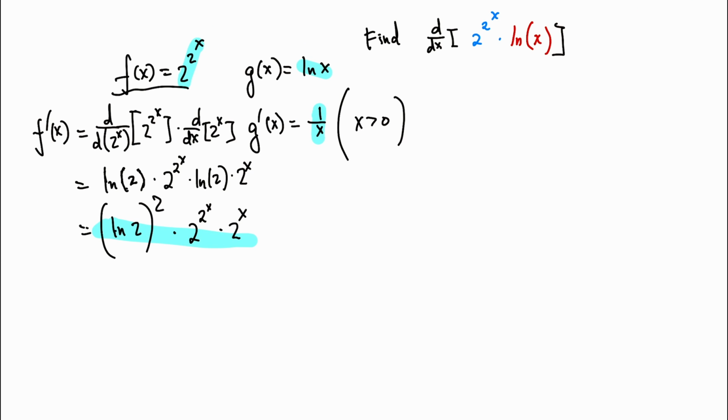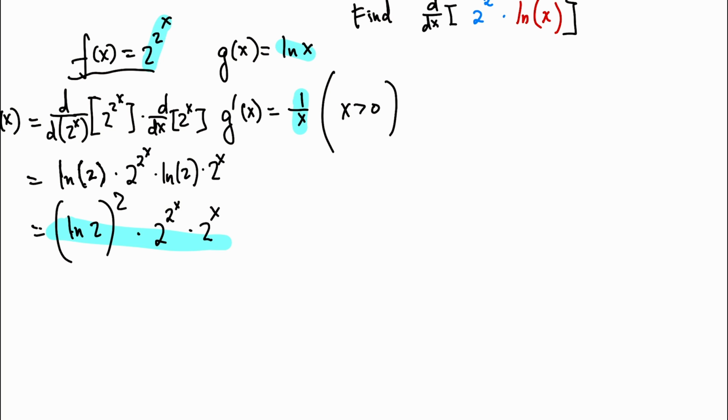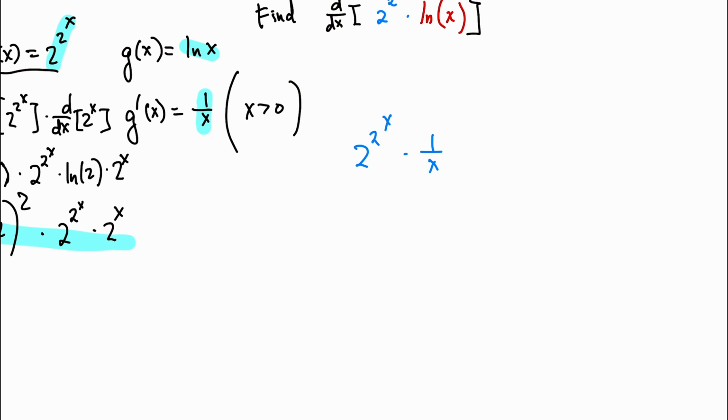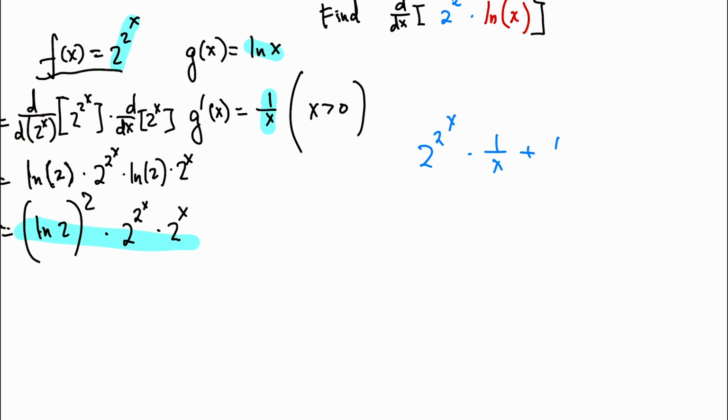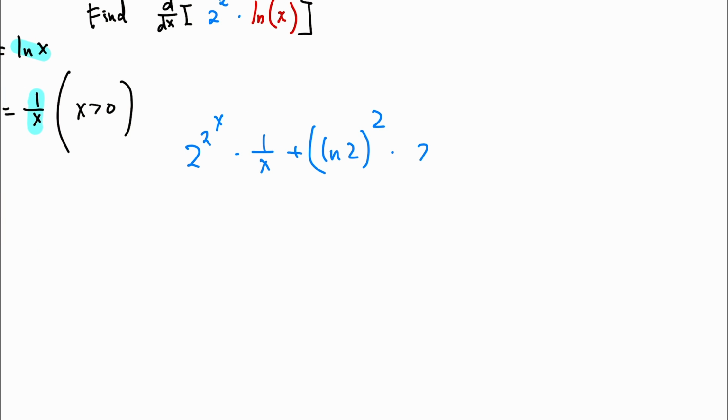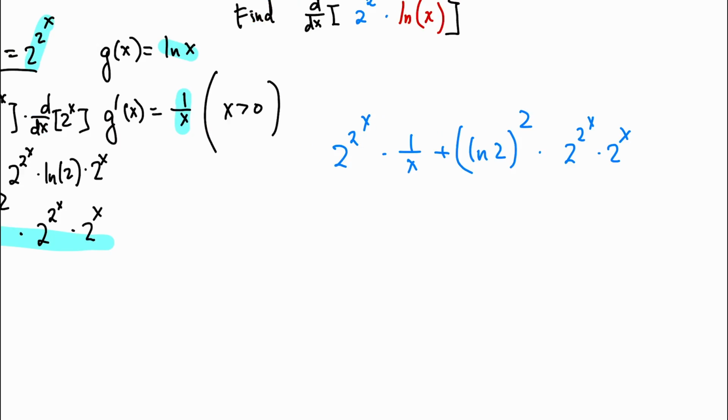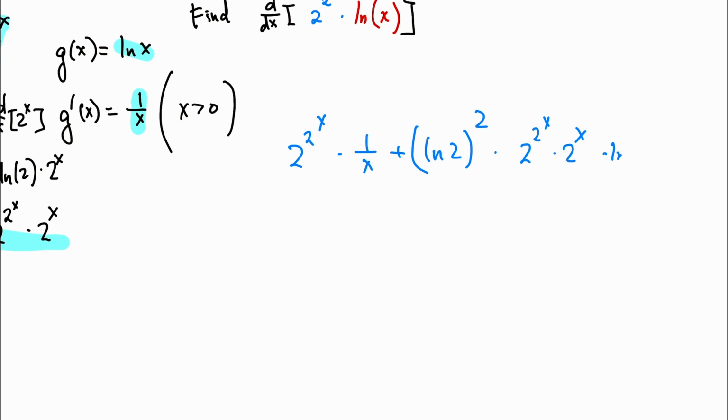So what we have over here would turn into, I will just write the product rule straight up: this cross multiply, 2 to the 2 to the x times 1 over x, plus this monstrosity, that's ln of 2 squared times 2 to the 2 to the x times 2 to the x, multiplied by ln of x. And technically this is our answer, and you can just simply leave it like this.